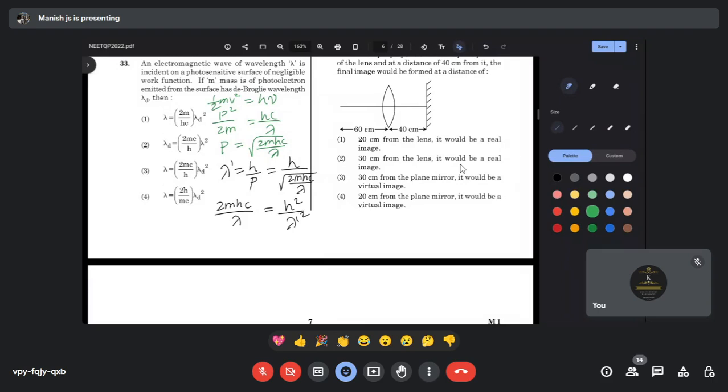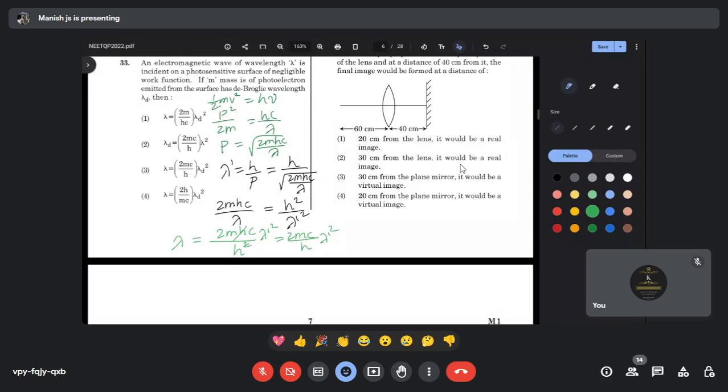So what is lambda then? Two mhc times lambda dash squared upon h squared. So h over h you can cancel. So you get 2mc upon h times lambda dash squared. Okay, so you get it like this.